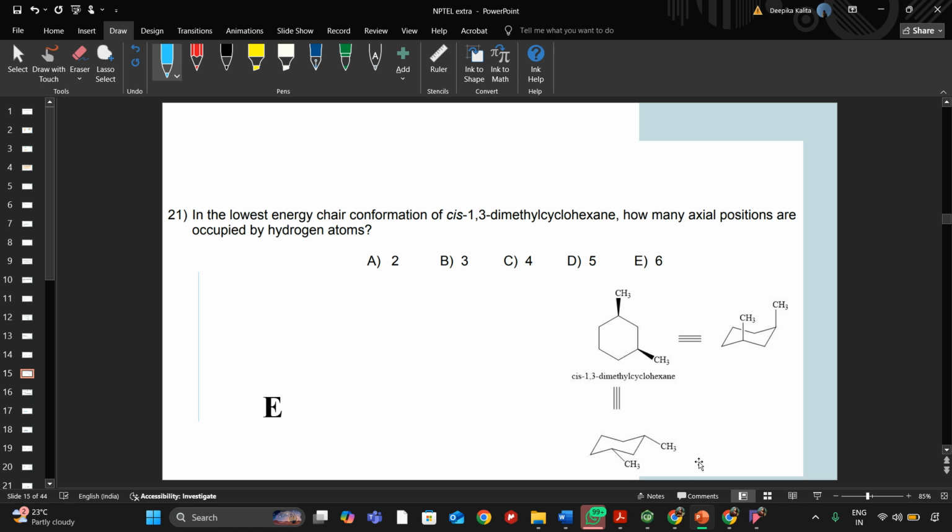Now we will have to calculate the number of hydrogen atoms which will occupy axial positions. So the hydrogens present on these two carbon atoms will be already axial, and on all the other four carbon atoms, there will be one axial and one equatorial hydrogen on each carbon atom.